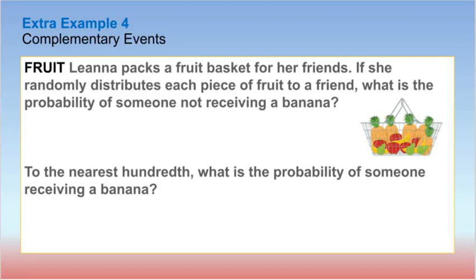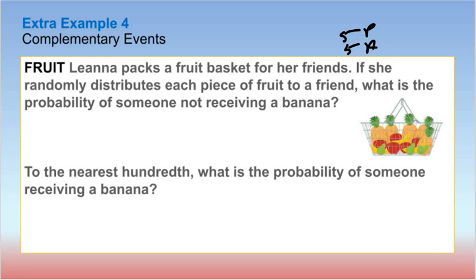Next, Leanna packs a fruit basket for her friends. If she randomly distributes each piece of fruit to a friend, what is the probability of someone not receiving a banana? So if you look in the basket, there are 1, 2, 3, 4, 5 pineapples. There are 1, 2, 3, 4, 5 apples.